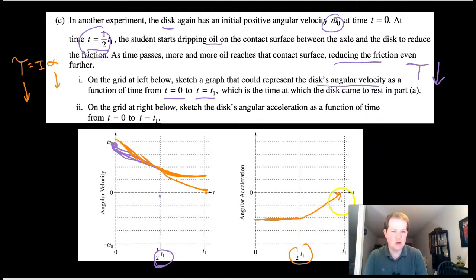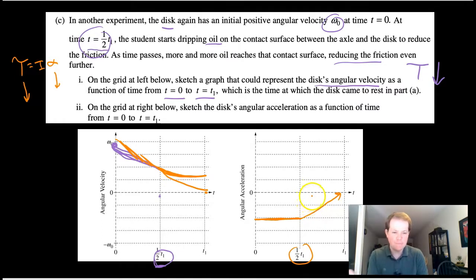Boy, should I have it curved? It doesn't really say the rate the friction is going down. Normally I would just make a line going towards zero, right? The acceleration is decreasing, or it's approaching zero. So I'm not sure if I should do this or if I should curve it somehow. The problem's not really clear.